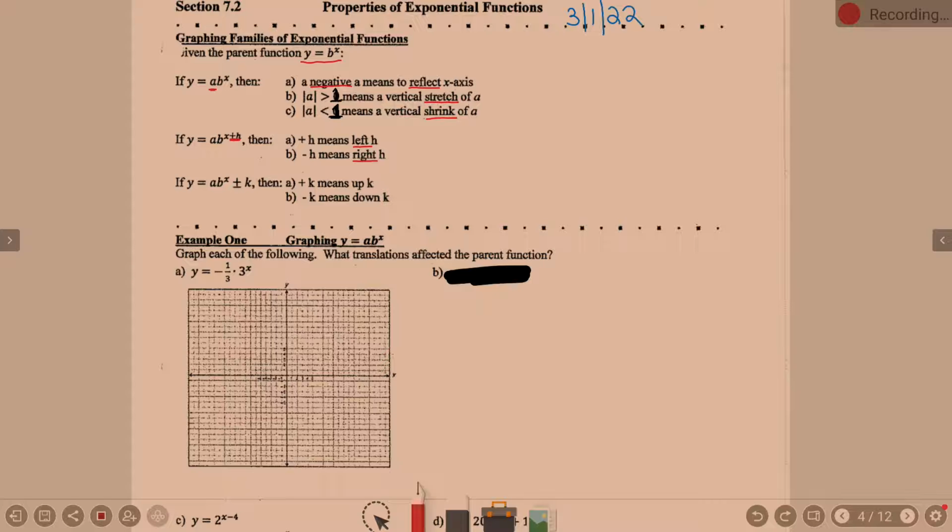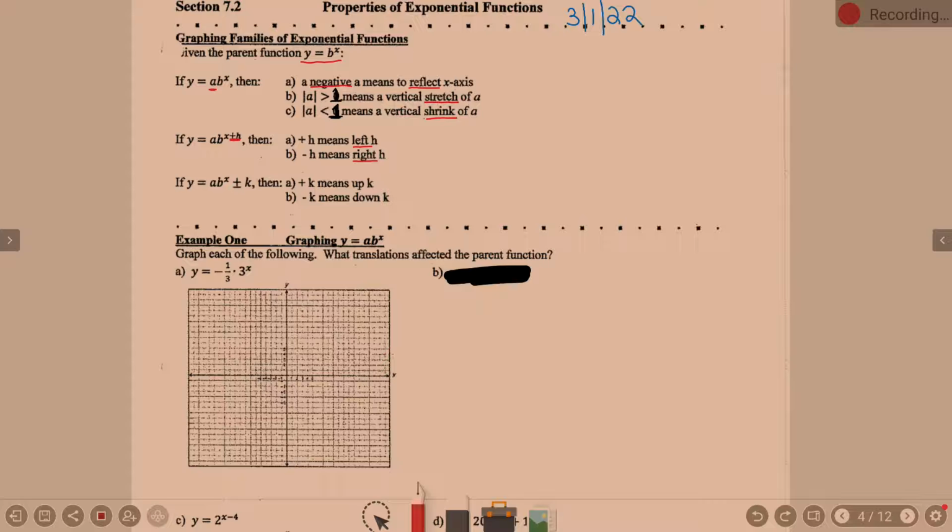So, okay. So remember, if it's added or subtracted directly to the x, it's left or right, opposite the direction of the sign, right? So if this is a plus h, that means our graph is going to go left h. If it's a minus h, our graph is going to go right h. So that's if it's directly with the x.